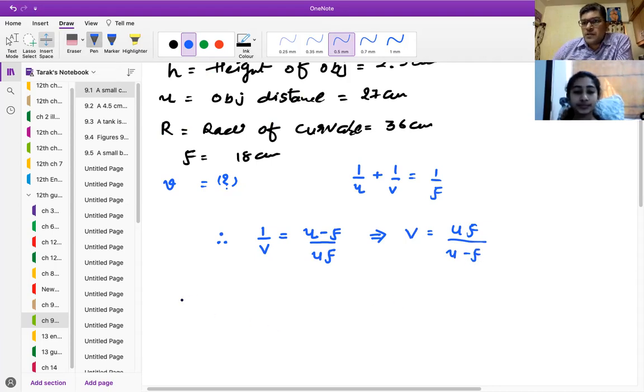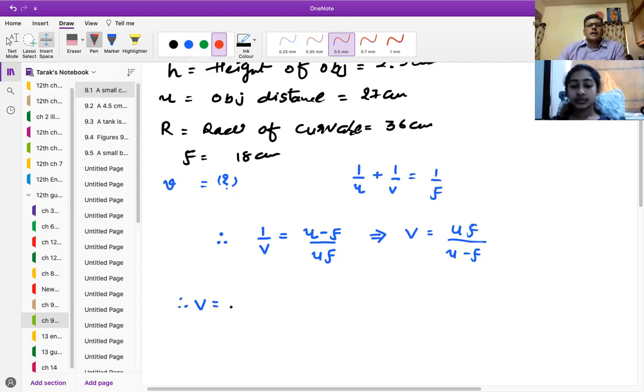Now, sign convention. Again, I will send you another photograph of lenses and mirror, so you will be quite clear where to use u negative, f negative. Wherever we have a concave mirror, all our u, v, f, and r are negative.